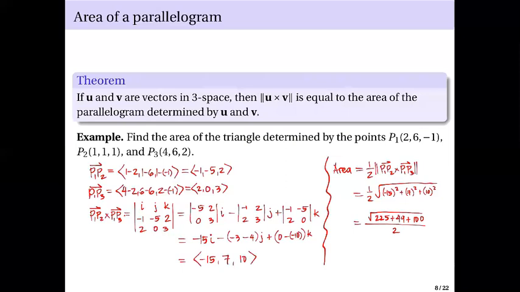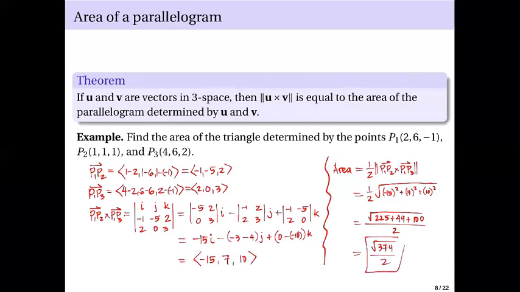And then 225 plus 49 plus 100, that's 374. So the area is square root of 374 over 2.